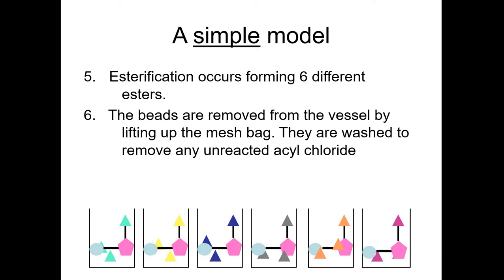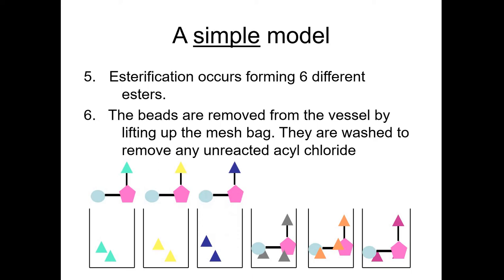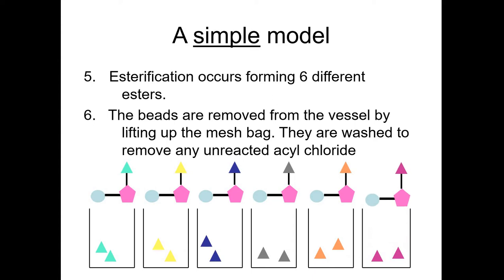And what is the product? Now we have diverse compounds of the same class. It is the same class, but it has diversity. After the reaction, we have 6 different compounds.